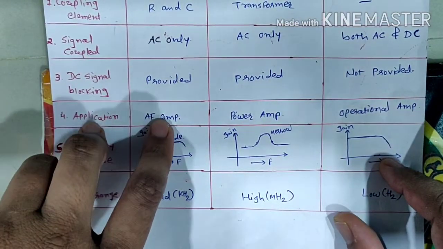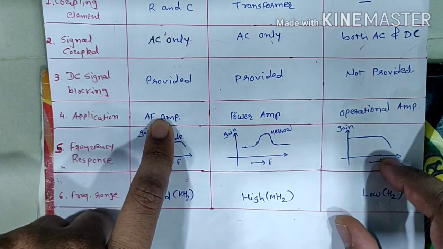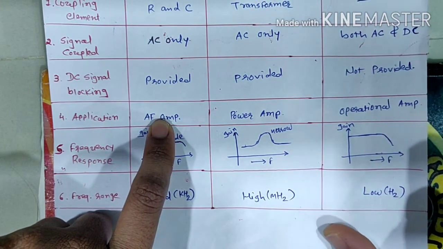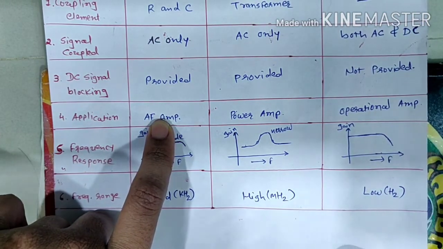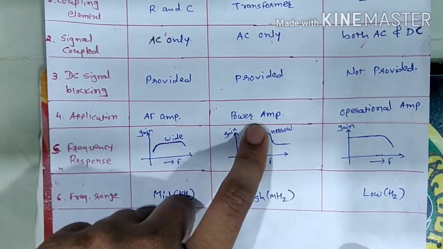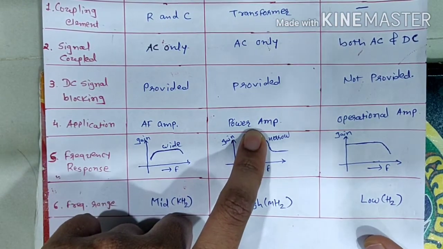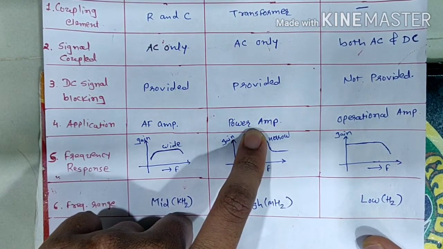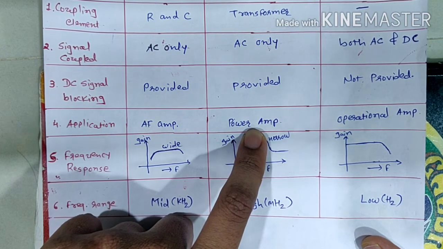Application. RC coupling is generally used in kilohertz frequency amplifiers, so it is mostly used in AF, audio frequency range amplifiers. Transformer coupling is mostly used in power amplifiers.